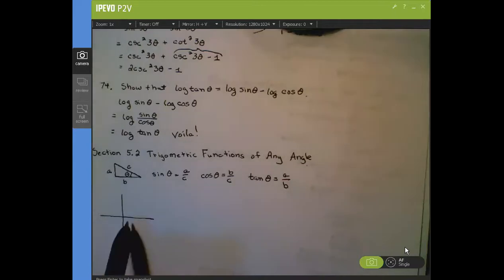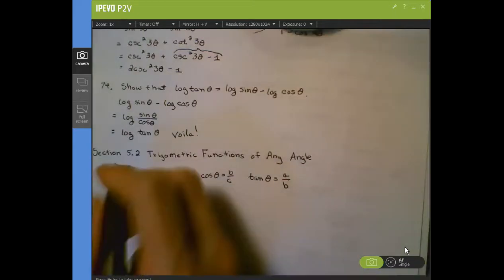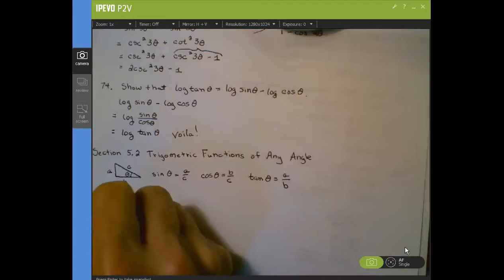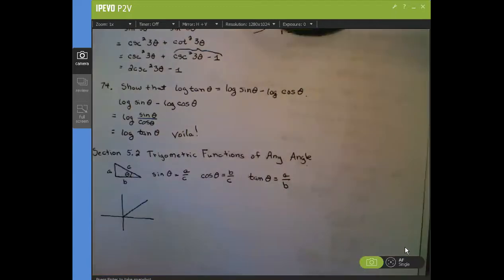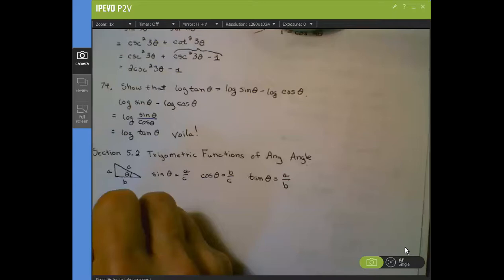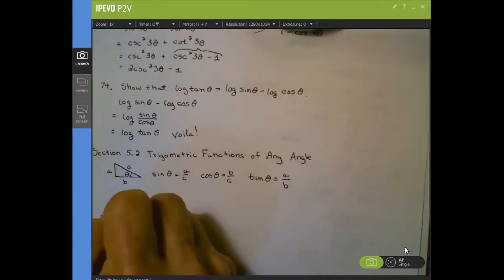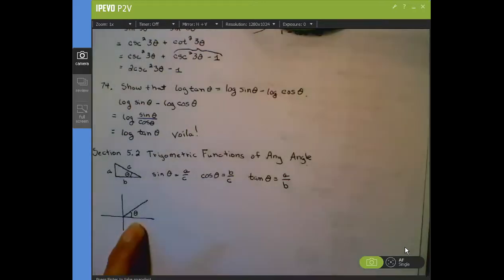Standard position is putting the initial side on the positive x-axis and then rotating the terminal side to some point. We can think of that as being an angle theta, just like we thought of that being an angle theta.